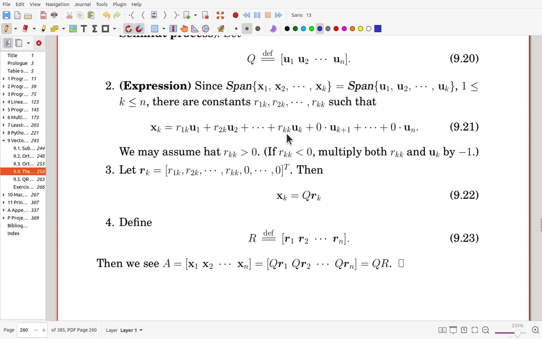For example, if this is negative, then we multiply here by -1 and also -1 there, so that this original orthonormal basis will be changed during the computation. If this is a minus, then we multiply both by -1, so that eventually it becomes positive. And again, even though you multiply by -1, the orthonormality is not changed. Okay.